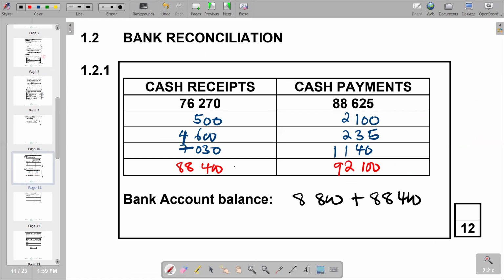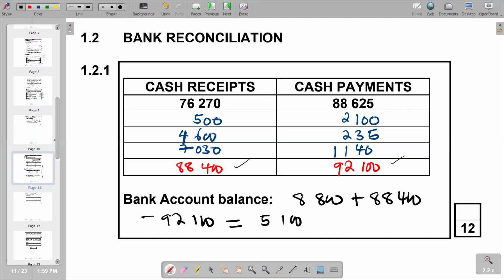Then we subtract the cash payments journal total, which is minus 92,100. So we calculate it like that, and you get your final balance as a positive 5,100. So this is what we have in terms of the bank account balance.